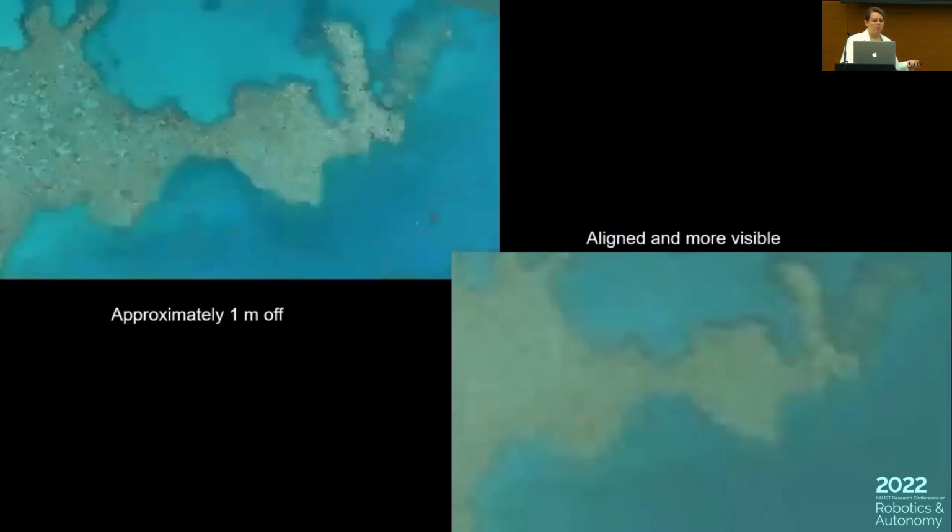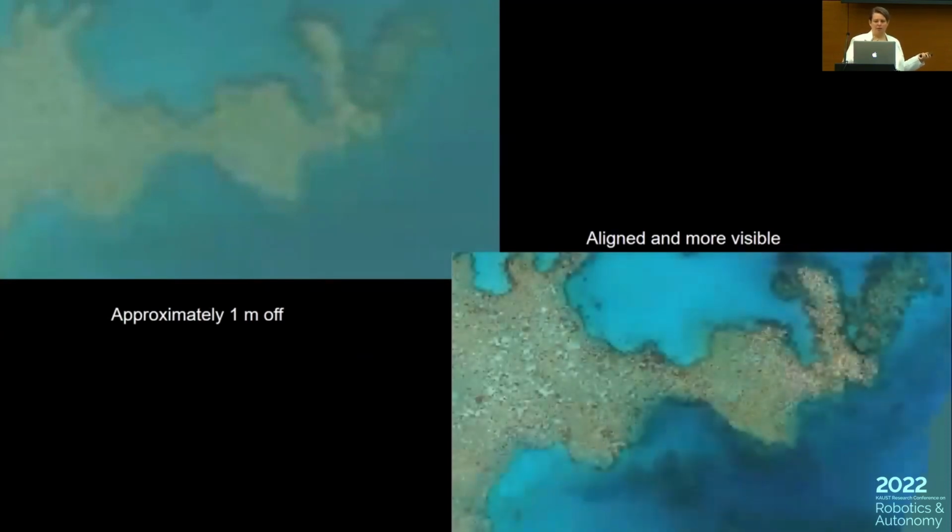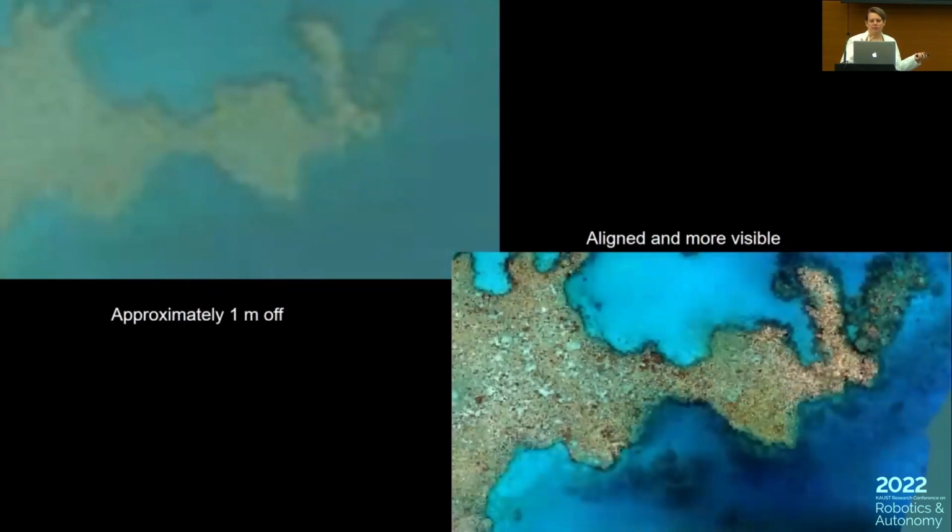So if we're looking here, here's some satellite imagery that's just on a map, and then we can see what happens when we bring in that blue image. You can see it's jumping, it's about a meter off. And if we see this colored image, it comes right through and it is right aligned.